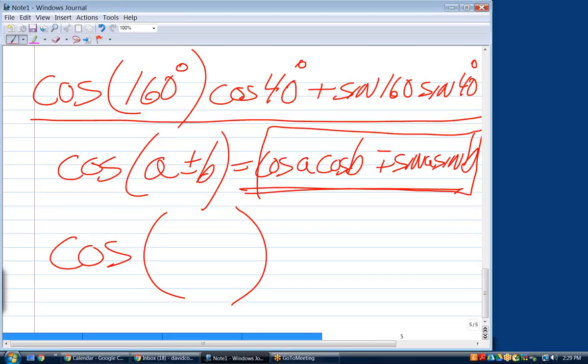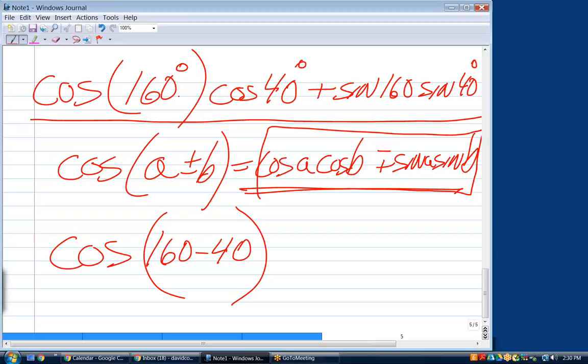Remember that the cosine is opposite in the middle. So this then has to be 160 minus 40. In other words, if I ask you what the cosine of 160 minus 40 would be, you would say the cosine of 160 times the cosine of 40 plus, to make that sign opposite, the sine of 160 sine of 40. Well, we don't happen to know any of these.